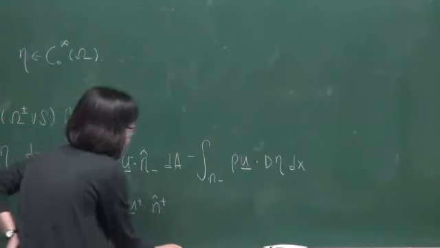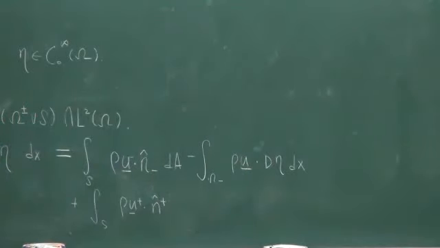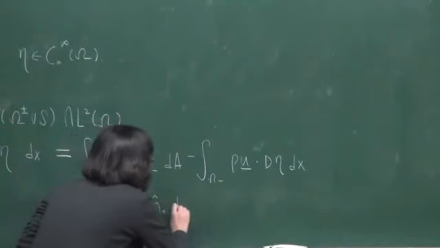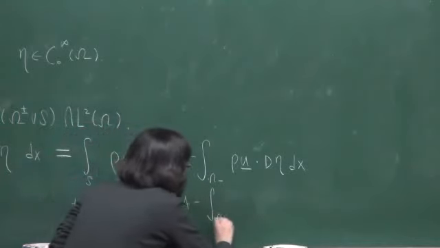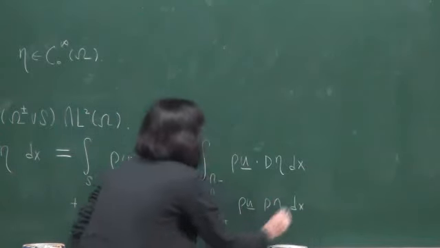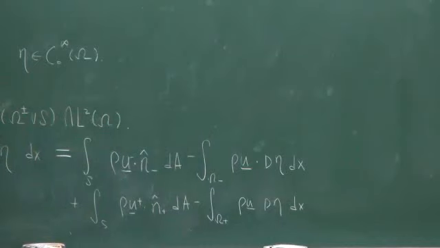Now where is n plus? So n plus is the outward unit normal for omega plus. So this is the unit normal on S toward n plus. So now you start seeing the relation between n minus and n plus. Actually, this will give us some special condition later. Okay, so here, plus here, dA, minus the integral over omega plus of rho u dot gradient of eta dx. Okay, just integration by parts. Nothing new, nothing fancy here.